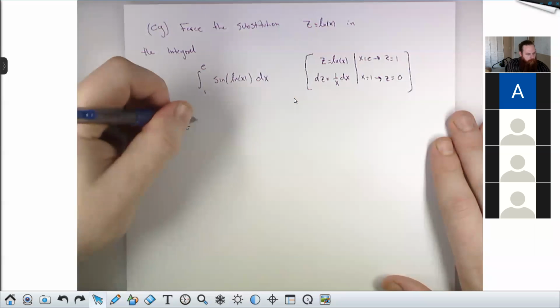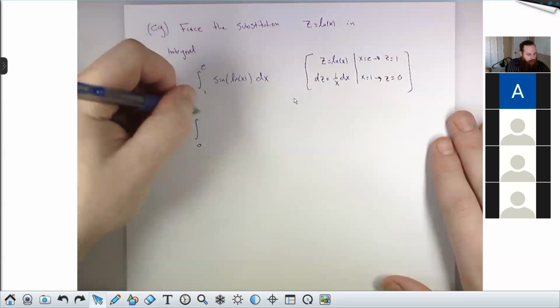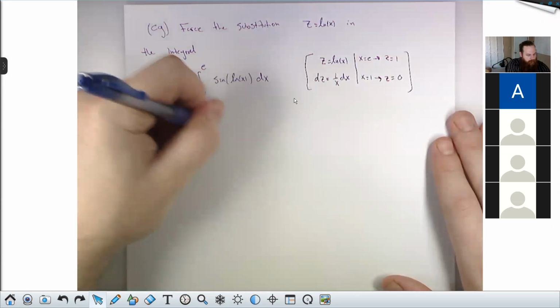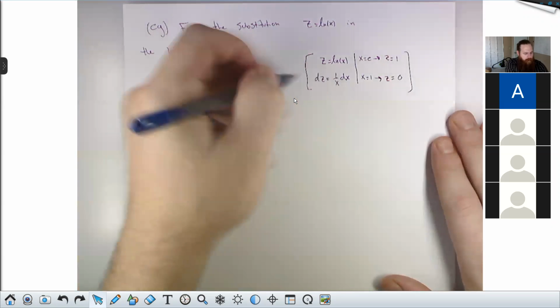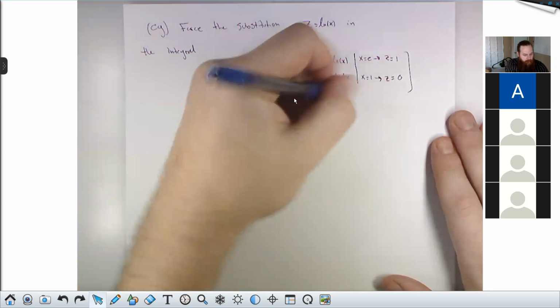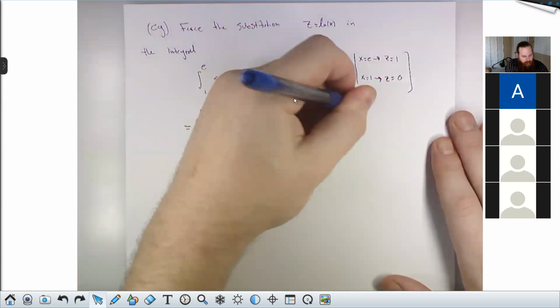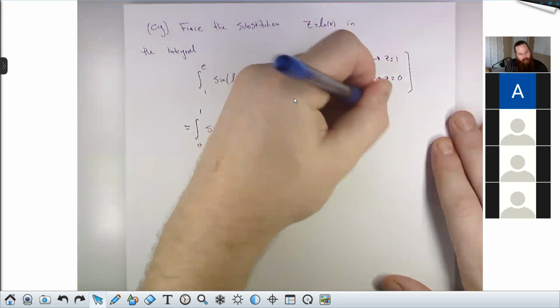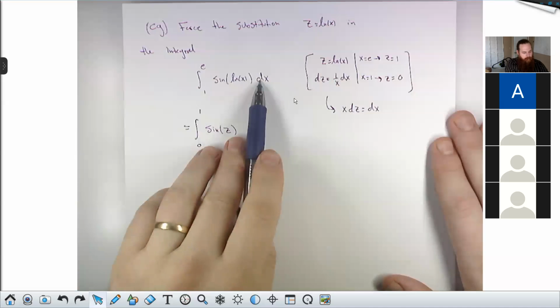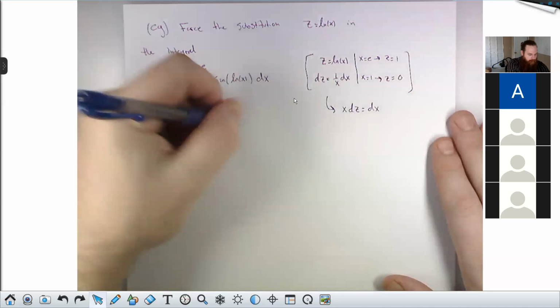And if we go ahead and try to write this down, this will now go from 0 to 1. I have sine z. I can solve for dx here. If you multiply both sides of this by x, you get x dz is equal to dx. So this dx I can replace by x times dz.